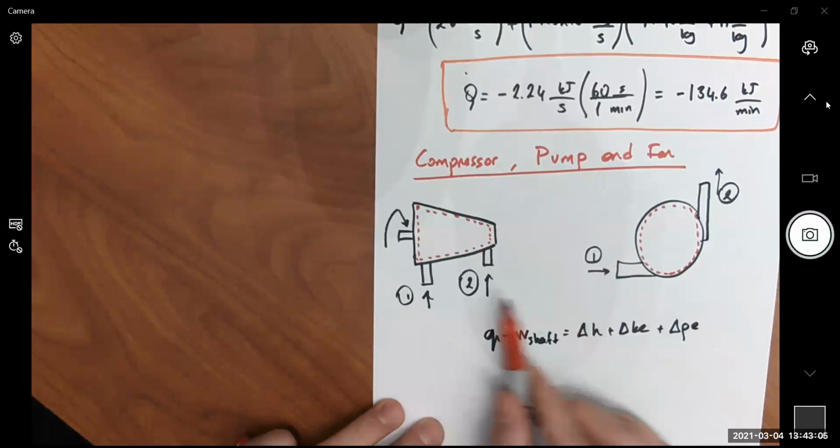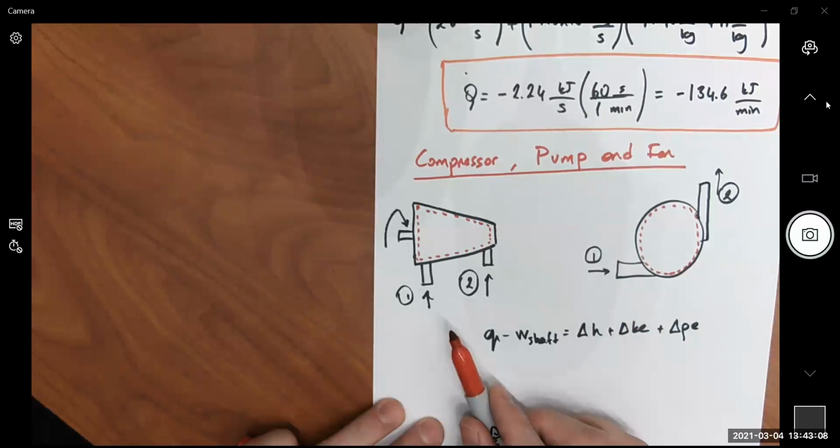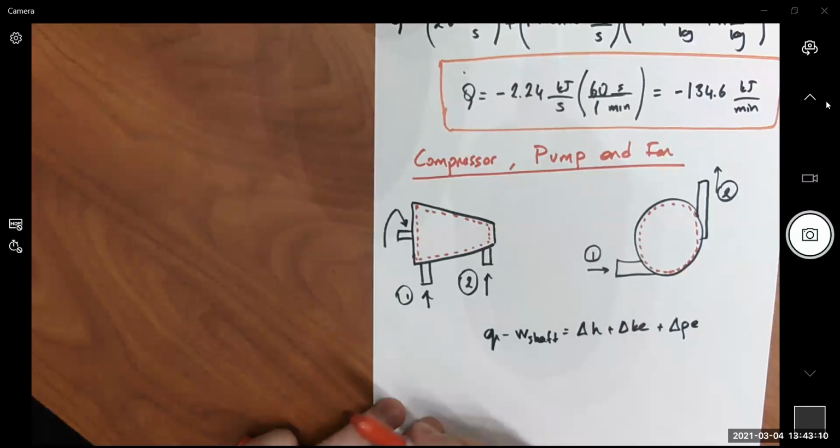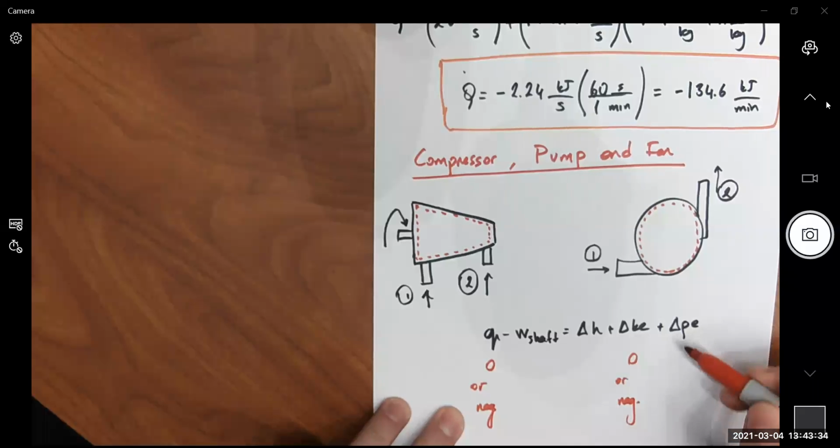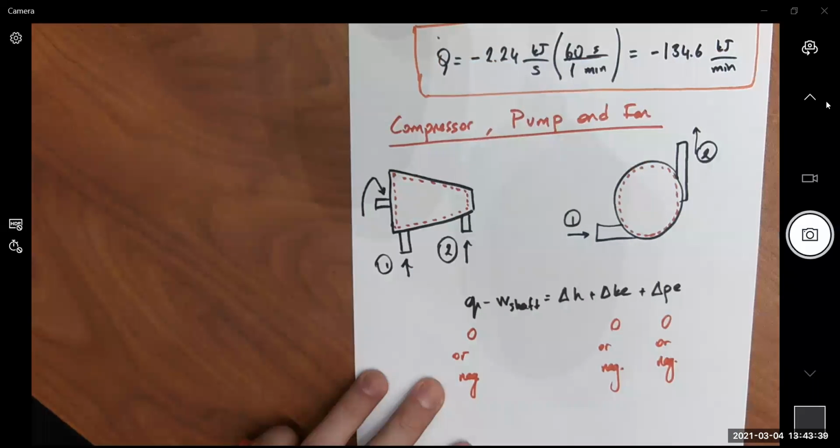Again, these devices are intended to be adiabatic, so Q is zero or negligible, just like turbines. That doesn't mean it's always zero, but that's the intention. Kinetic energy differences are typically zero or negligible, and potential energy is zero or negligible.